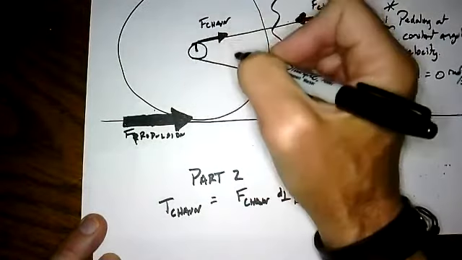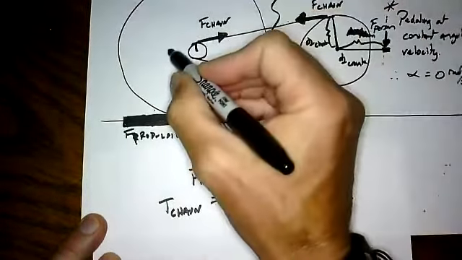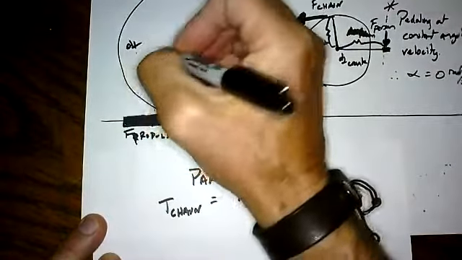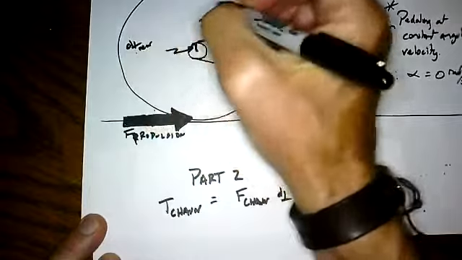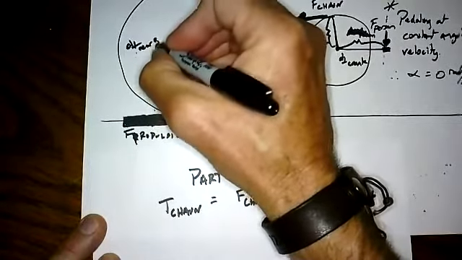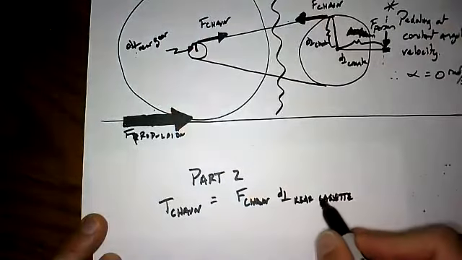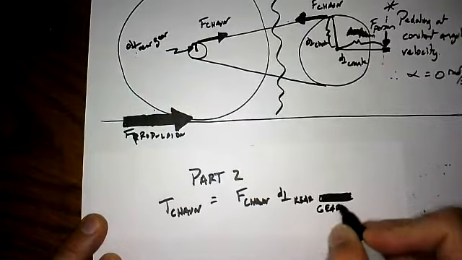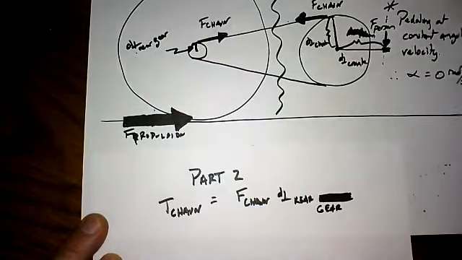It's the diameter of the gear in the back. D perpendicular rear, I better put rear gear. Sorry, and I'm going to change this here, just to be consistent, I'm going to put rear gear here. Sometimes I get ahead of myself. This D perpendicular rear gear.